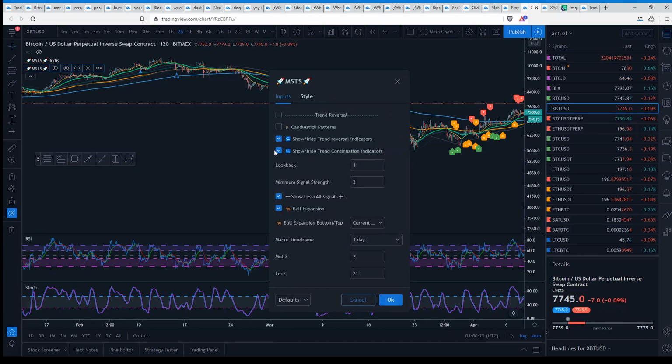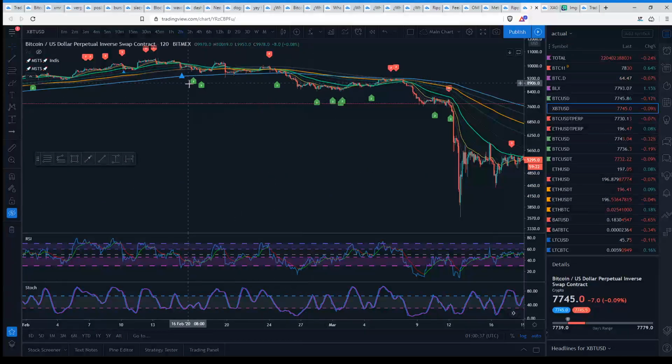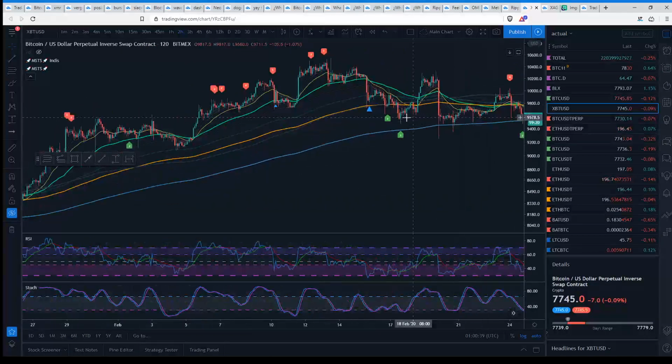Let's see. Again, I should set it up for the 2 hour. This may be a 4 for the 2 hours. Here again, this is helping a lot to find scalps.